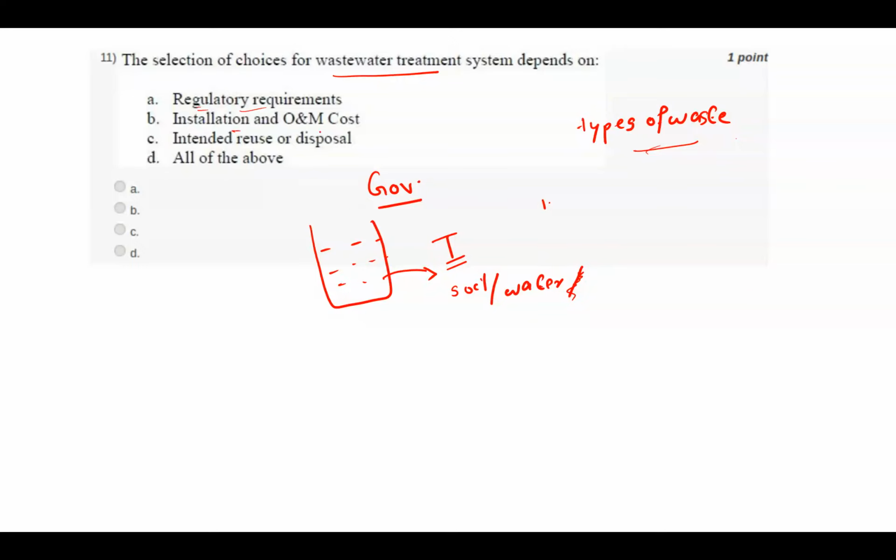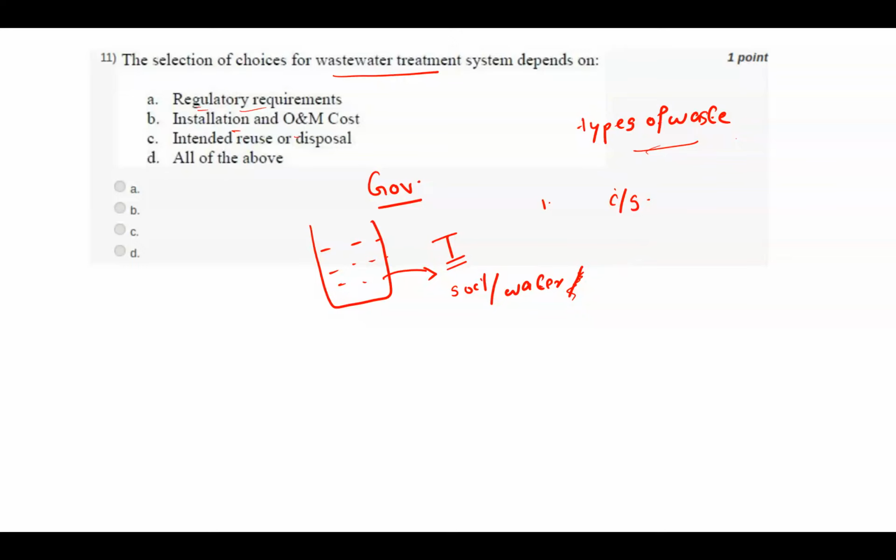Then installation and operation and maintenance cost. For installation, we have the proper area there, we install, and then we need electricity, pump facilities and all. All this initial purchase comes under installation cost. Then operational cost comes, every day we need electricity.